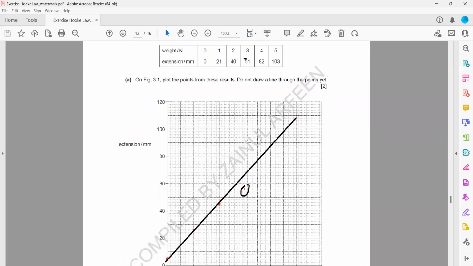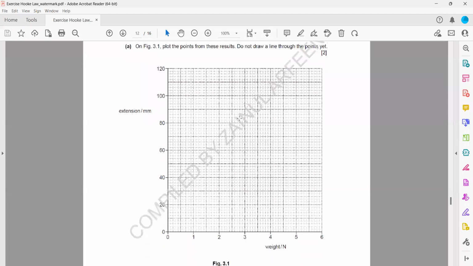If the spring was not obeying Hooke's law, then all the points would appear to be out of range. If the spring is not obeying Hooke's law, then what should happen? First it will appear to be a straight line, and then the points become a curve. But what happened here is that all of the points are lying on the straight line except one. So it means that is the mistake of the student, not because of the spring.